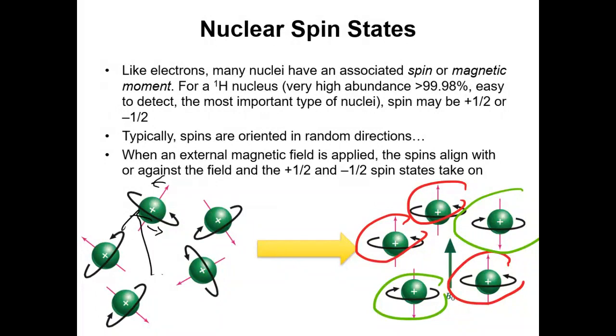Assume the magnetic field is going up, like this arrow shows. Some of the small magnets, like the red ones, will be parallel to the magnetic field, and some will be anti-parallel to the magnetic field.